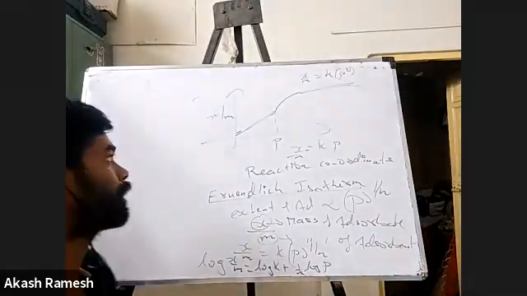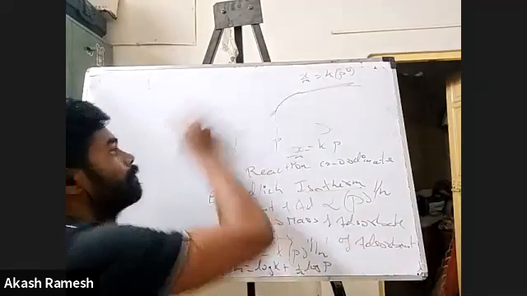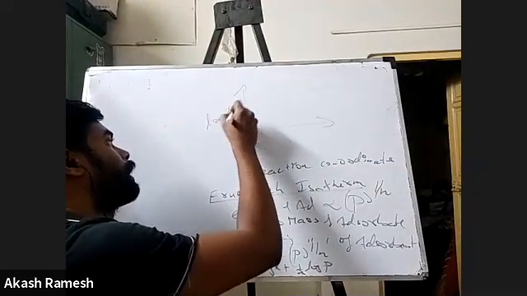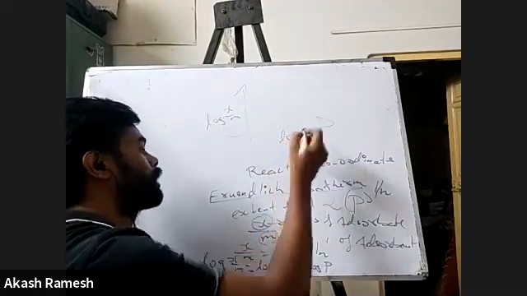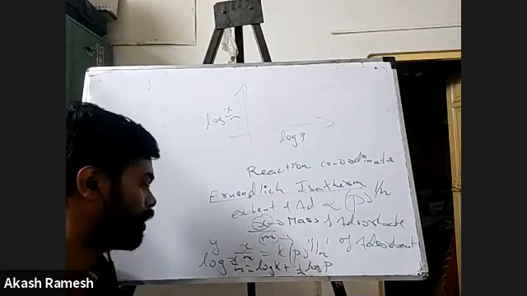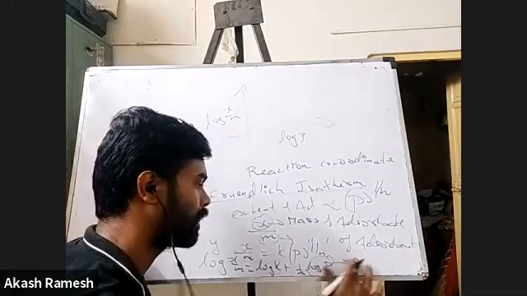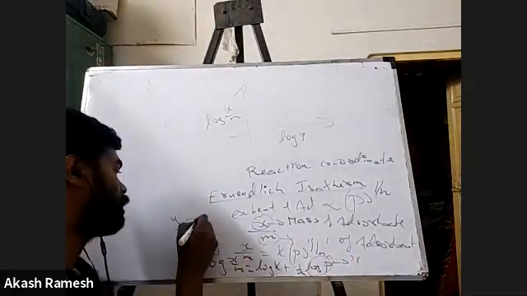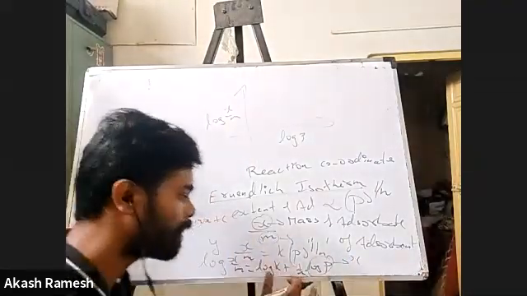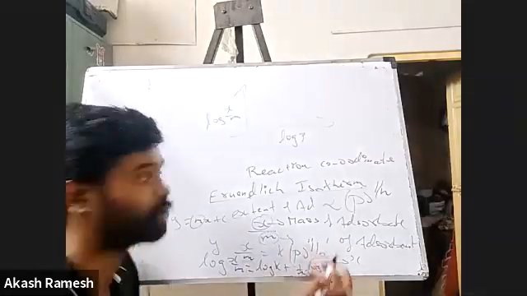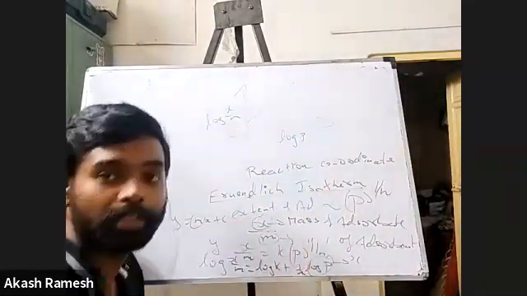If I plot a graph between log of x by m versus log p, log x by m is y and log p is x. So this is like y is equal to mx plus c, where the slope m is 1 by n and the intercept c is log k. So with a positive slope, you will get a straight line like this.